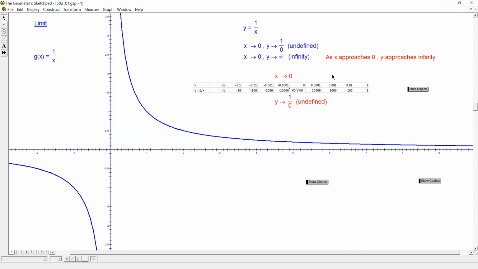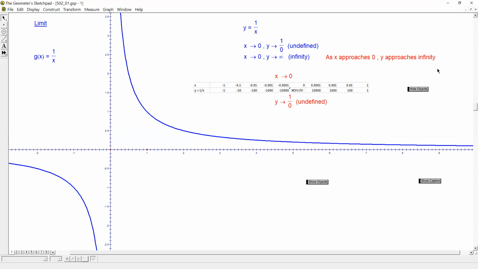So can you see the difference between undefined and infinity? Undefined means we don't know what number that is, the exact value of the number. Infinity is an idea. It is a very big number, but we don't know the exact number. Any question?